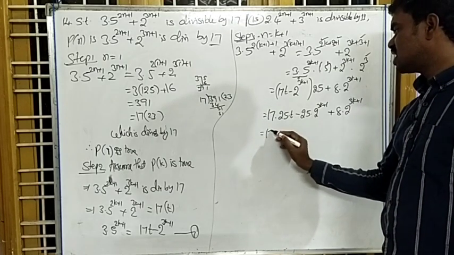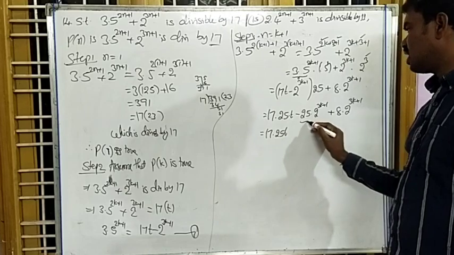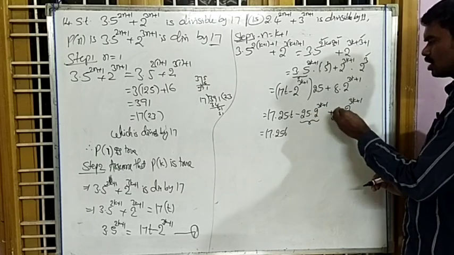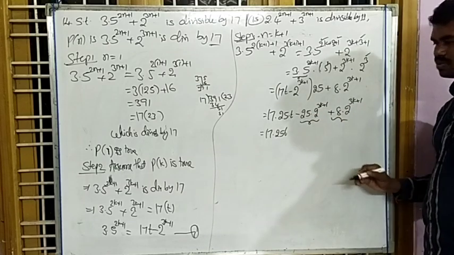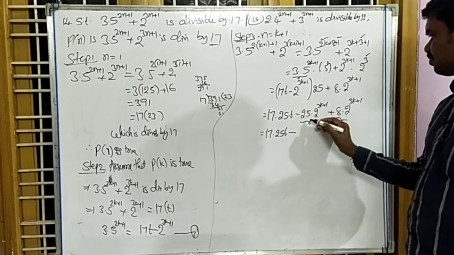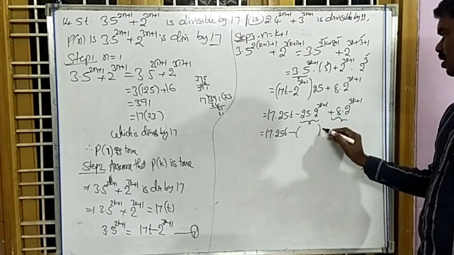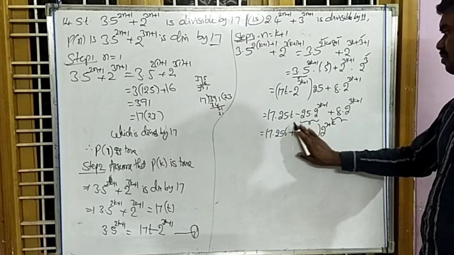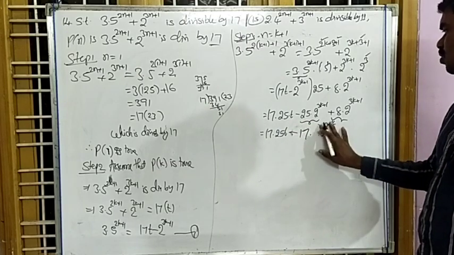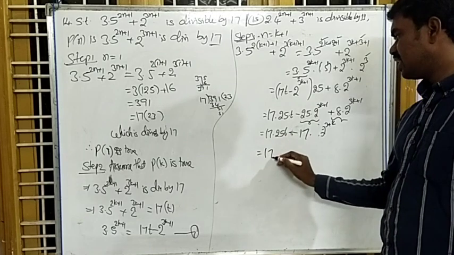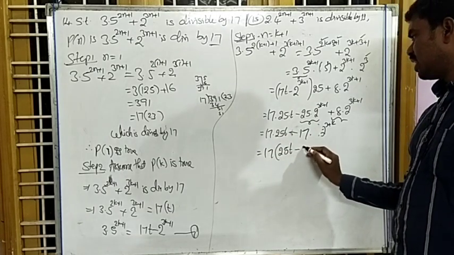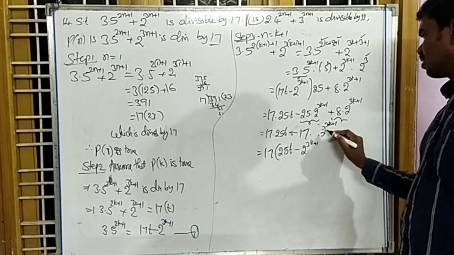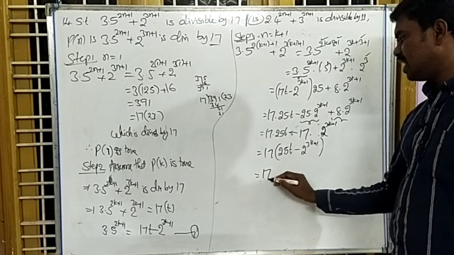Keep 17 into 25t as it is, but the other two terms are minus 25 and plus 8 times 2 power 3k plus 1. Minus 25 plus 8 is minus 17. So what is common? Yes, 17 is common. It becomes 17 into 25t minus 2 power 3k plus 1. So we got 17 into something.